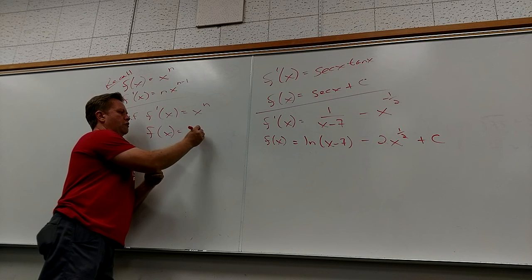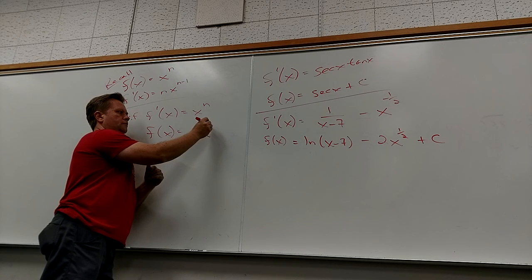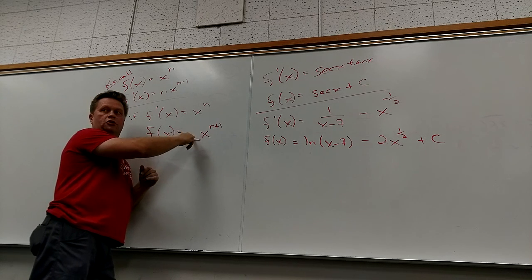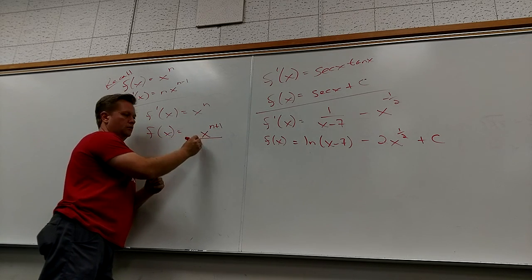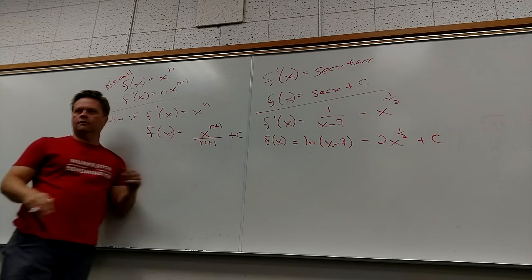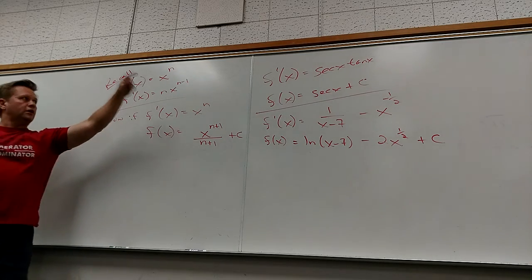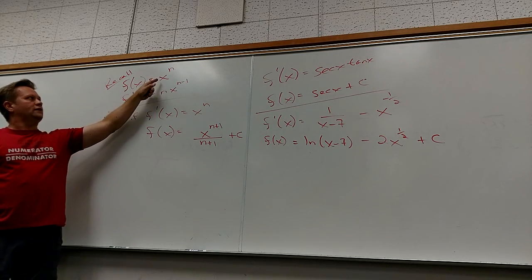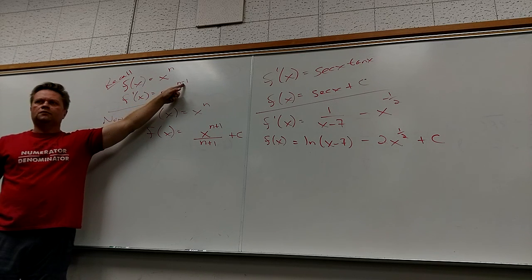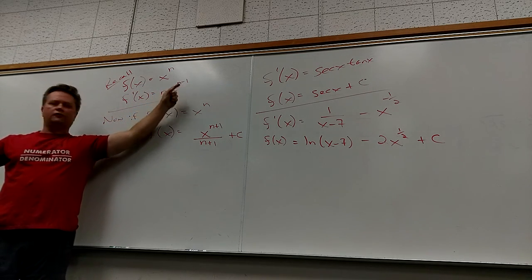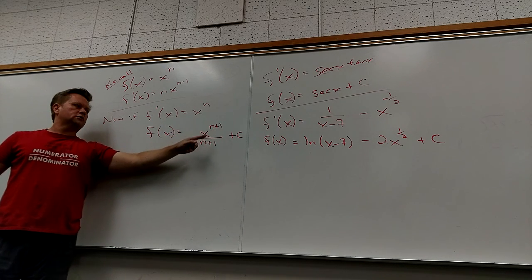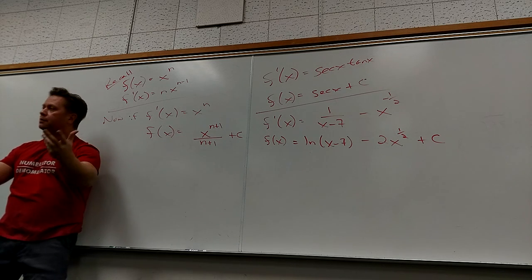What does the power become? N plus 1. So if you took this guy's derivative, that would be there. You don't want it, so it's going to be over N plus 1. I like it. So look how this makes sense. The derivative is the old power times this to the power minus 1. The antiderivative is the power, add 1 to the power, divided by the new power.